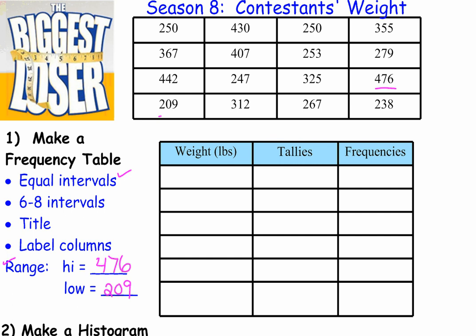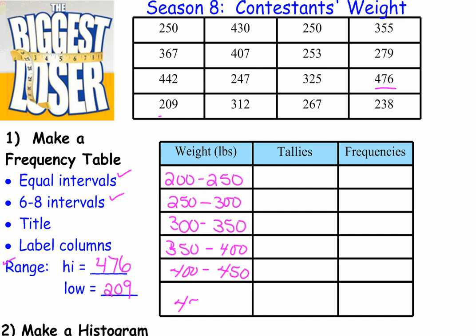And I want to do this in about 6 to 8 intervals. So I figure I have 300, maybe I'll go by 50s then. So I'm going to go 200 to 250 pounds, 250 to 300, 300 to 350, 350 to 400, 400 to 450, and then my final interval will be 450 up to 500.